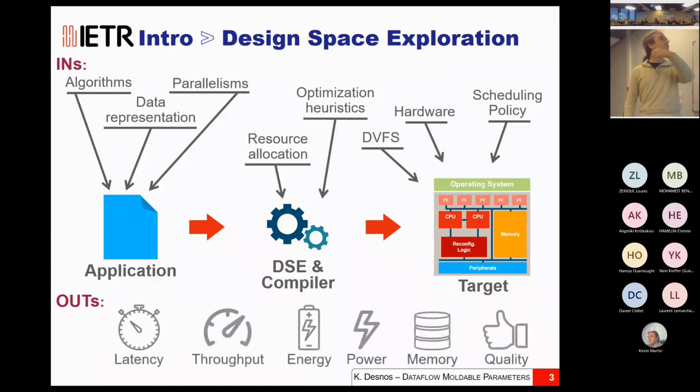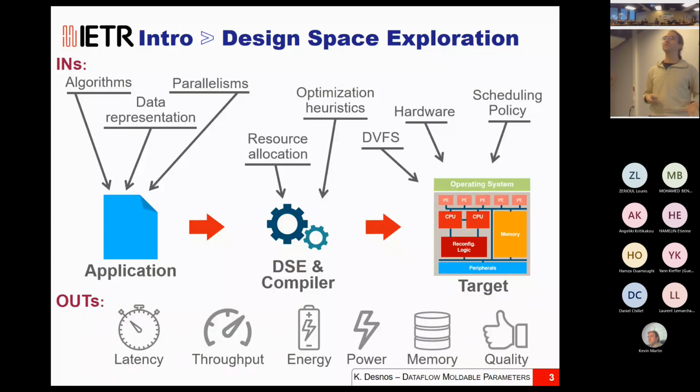What are the outputs of all this design space exploration process? Many things. Latency of the applications or latency of the system, throughput, energy, power consumption, memory footprint, quality of service, security, if we refer to the previous presentation. So these are all the outputs that you want to monitor when you want to optimize your design space exploration.